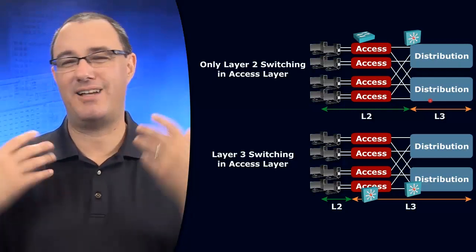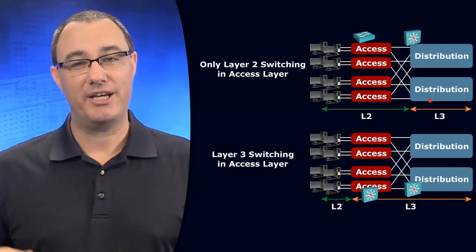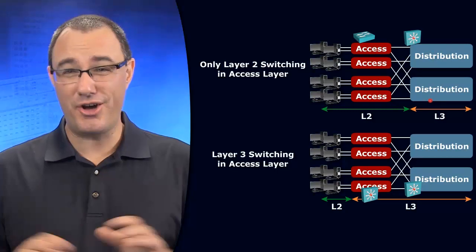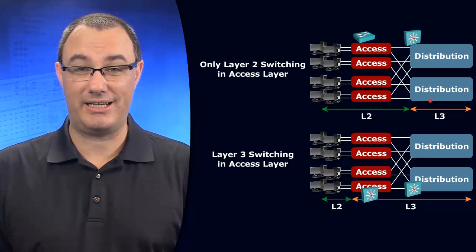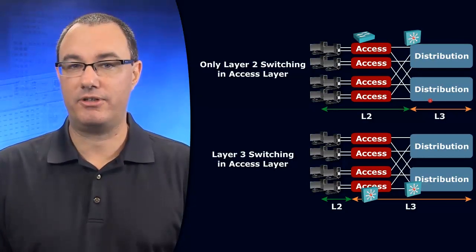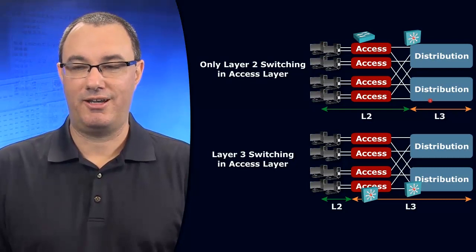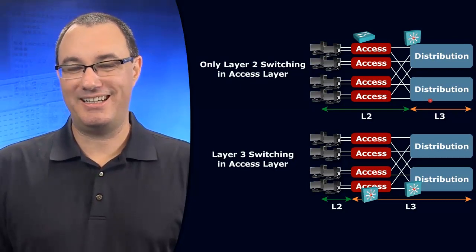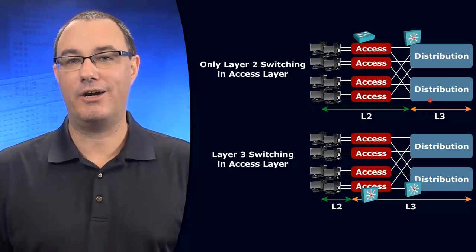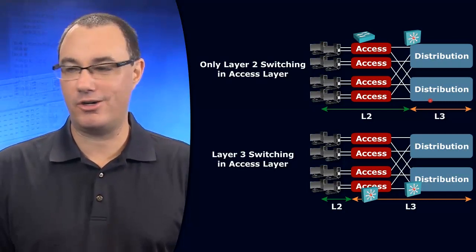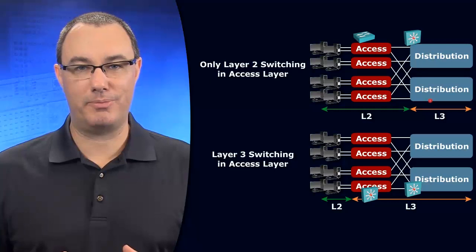We're going to spend a lot of time on spanning tree protocol and first hop redundancy protocols, none of which are really that important if you do layer 3 at the access layer. So there are big differences. You do have a choice, but you really have to have a reason, in my opinion, to do layer 3 at the access layer. You have to say, this is going to work so much better for us.